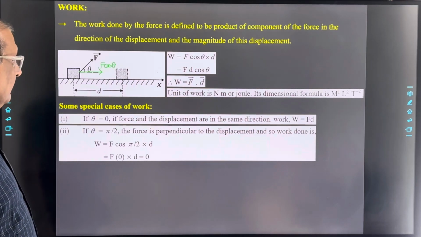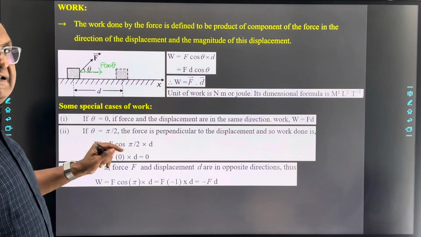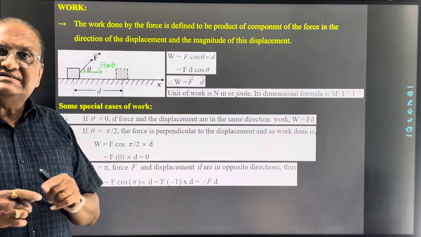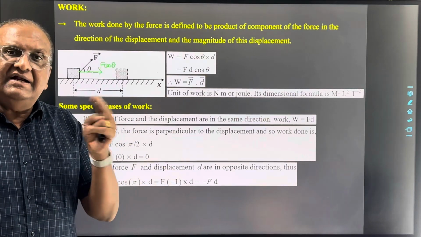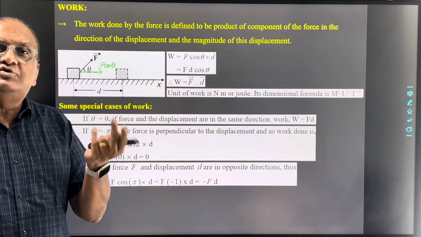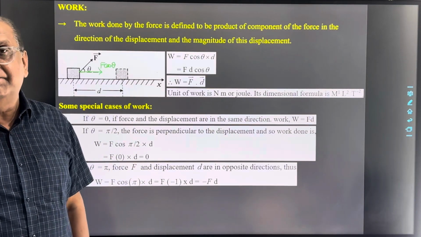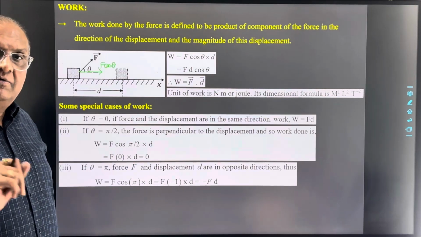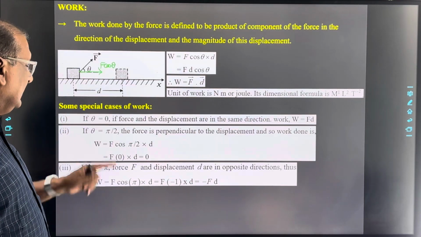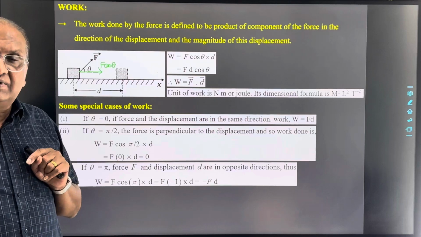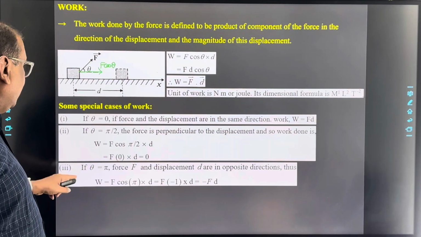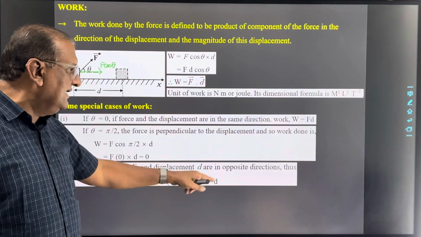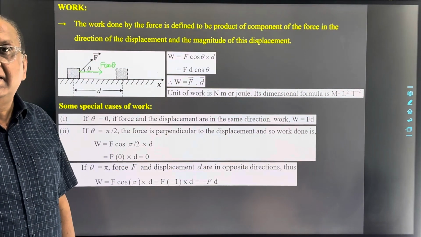Now if theta is pi, it implies that force and displacement are in mutually opposite directions, then cos pi is minus 1, so W is equal to minus F into D.